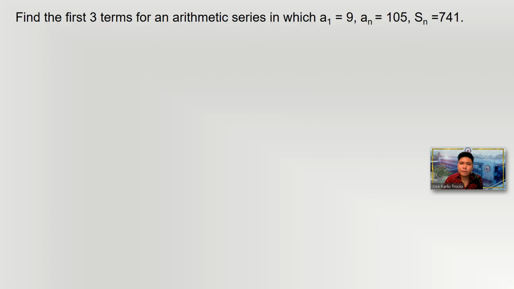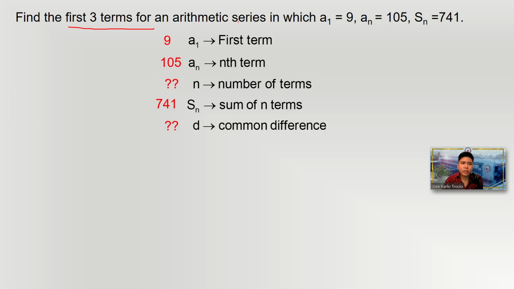Add them all. Another example, let us just try to make this quick. Find the first three terms of an arithmetic series, given the first term and given the last term, 105.